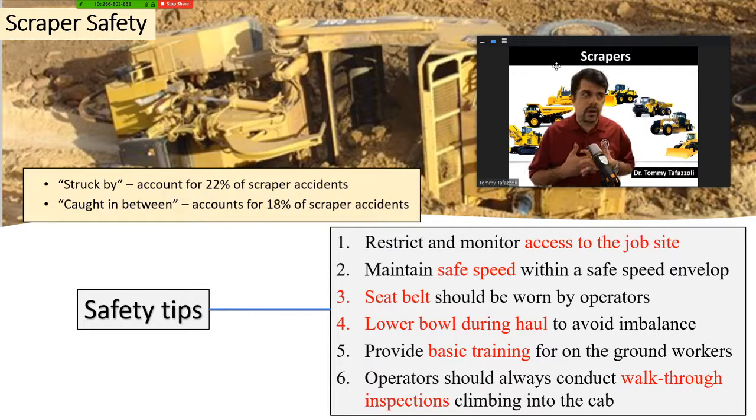When scrapers are working on grades, on steep slopes, and in conditions where one side of the machine is above or lower than the other, this imbalance might cause the machine to turn over.